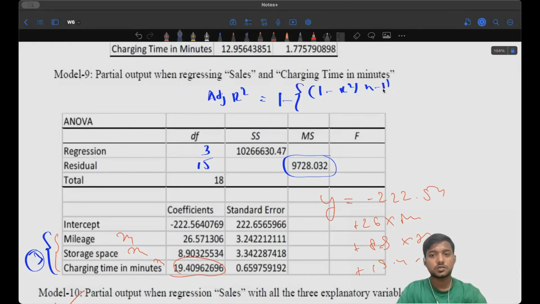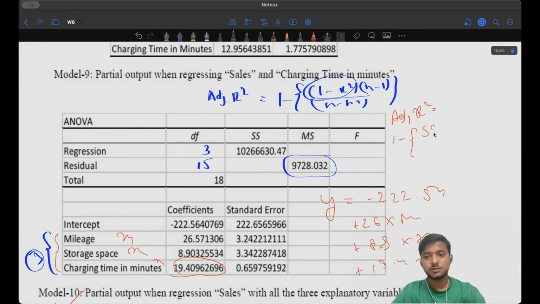And this was n minus 1, this was n minus k minus 1, right? How do I rearrange? This thing would become that fraction. So adjusted R square equals 1 minus sum square error divided by sum square total, into n minus 1 divided by n minus k minus 1.